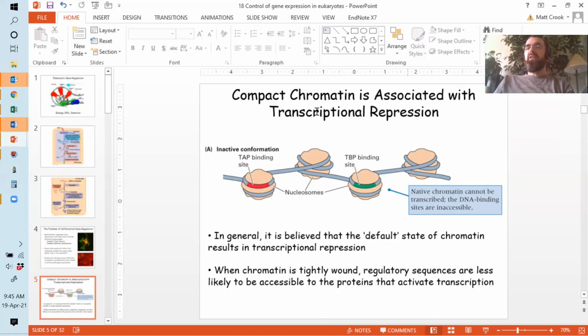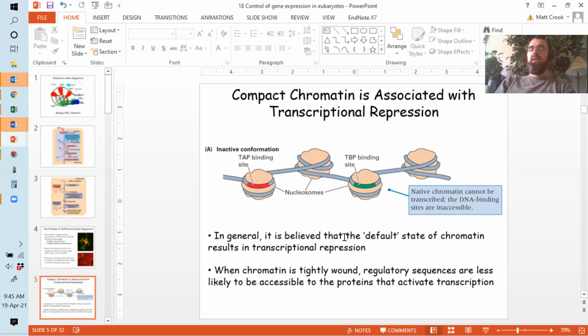And two, how tightly this whole complex is bound around each other. So it's not just this open beads on a string, it's a very tightly compact kind of knot or rope of chromatin. And that's thought to be the default state of chromatin. Chromatin is naturally squished up and then becomes told to open up.